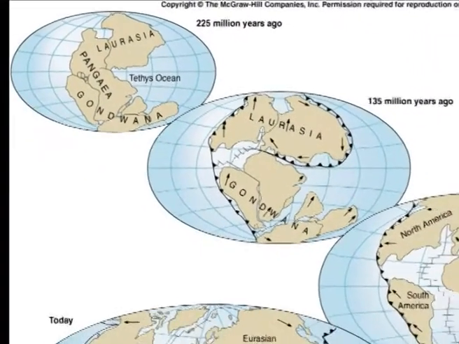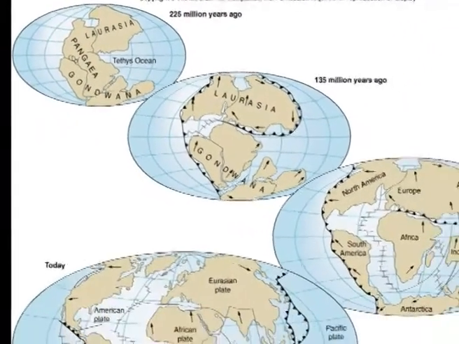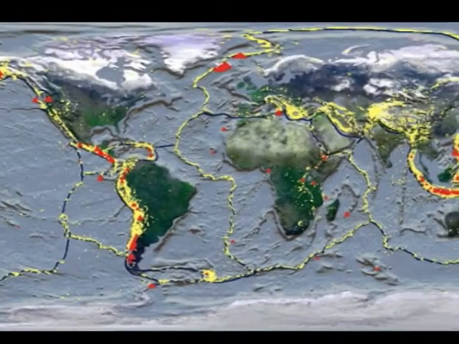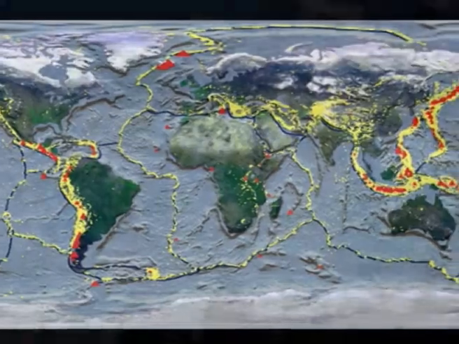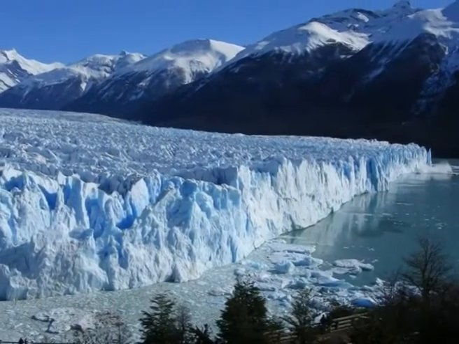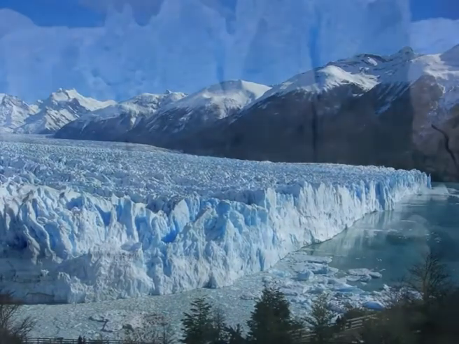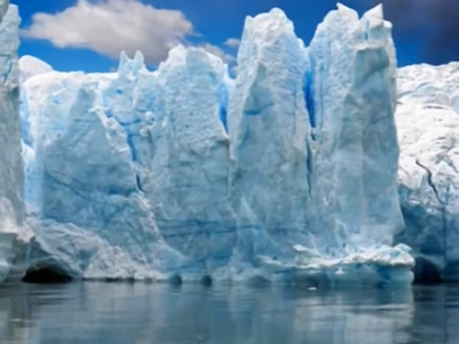The movements of Earth's plates in plate tectonics also appear to play a role. The position of a continent affects its climate. The landmasses at high altitudes are more likely to be cold and provide the conditions for glaciers to form.